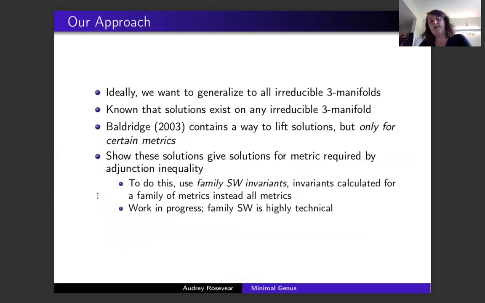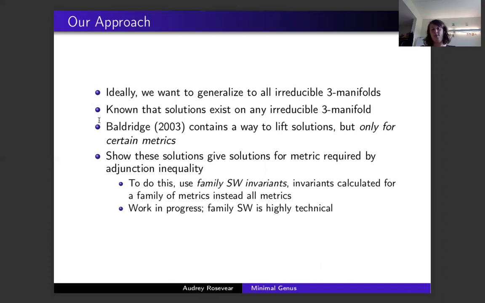So all of these are for a class of manifolds called irreducible, but we would like to generalize Friedl and Nagel's result to all irreducible three-manifolds, because they're restricted in what kind they consider. It's known by some pretty high-powered three-dimensional techniques that solutions to the Seiberg-Witten equations always exist on an irreducible three-manifold.